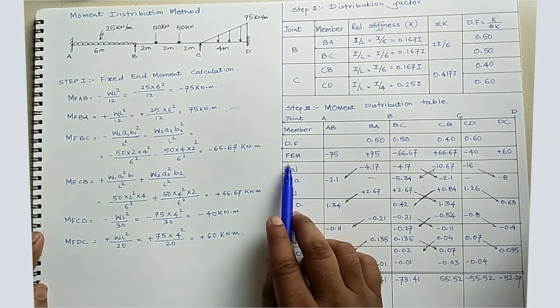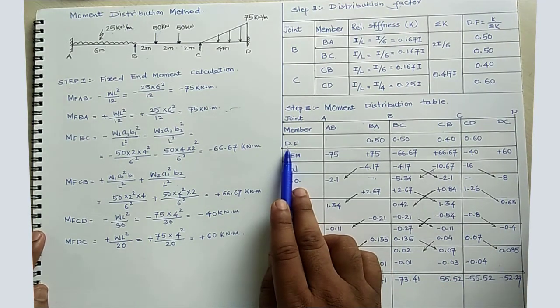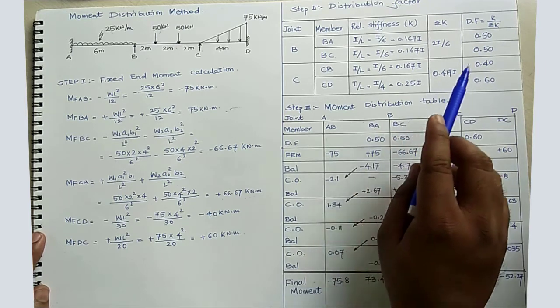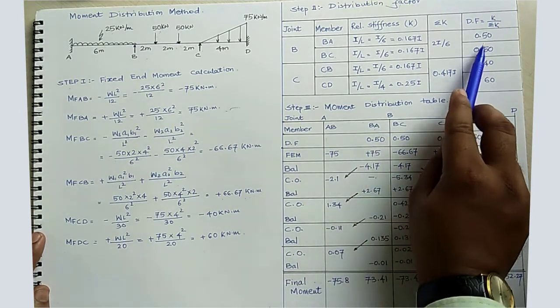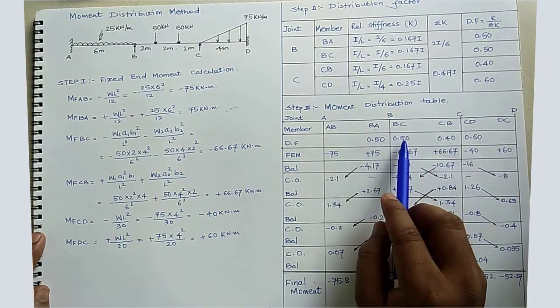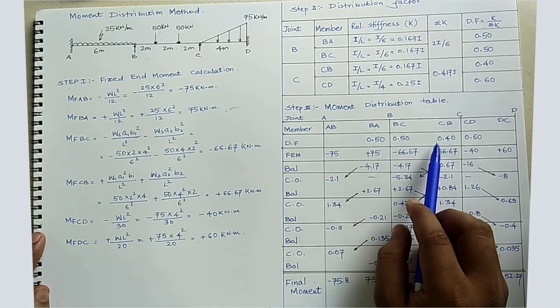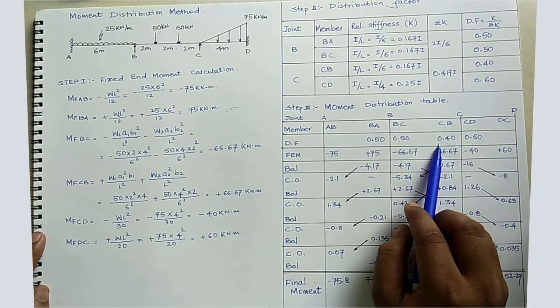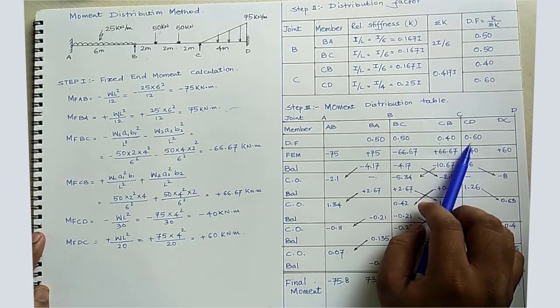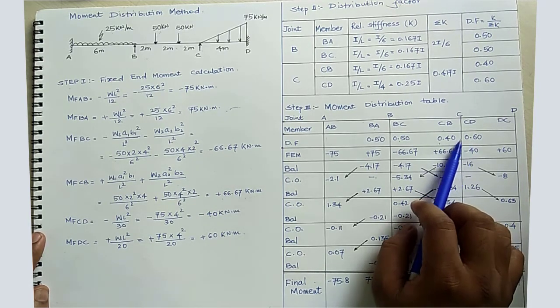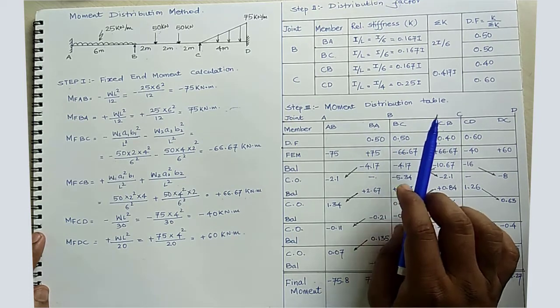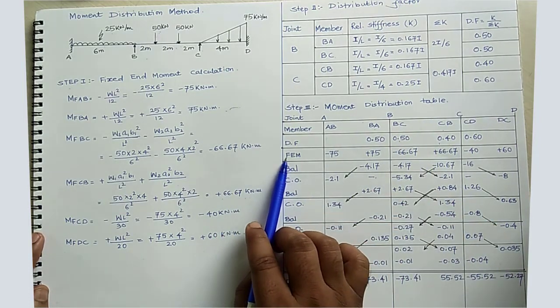Now write the distribution factors which we have calculated in step number 2. So for BA we have calculated 0.5, BC 0.5, CB 0.4, and CD 0.6. So we have to write these distribution factors in this row. Now we have to write the fixed end moment values.